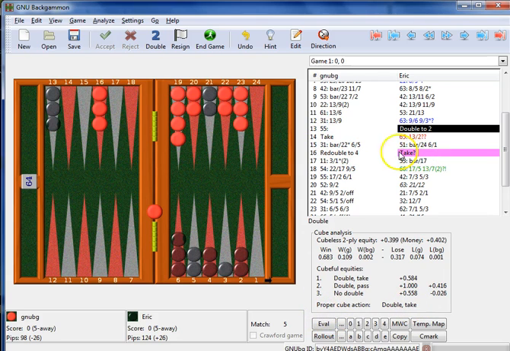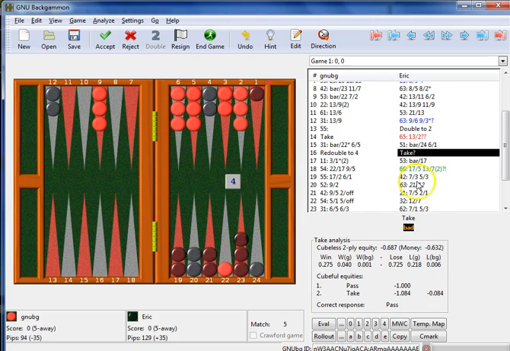But the next one, when the computer redoubled me to 4 and I took, you can see that that was an error. If I pass, my equity is -1, meaning I'm automatically losing a point on the game. But if I take, my equity is minus 1.084. So I'm going to lose more points on average if I take the cube.